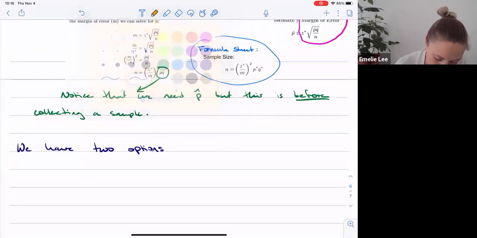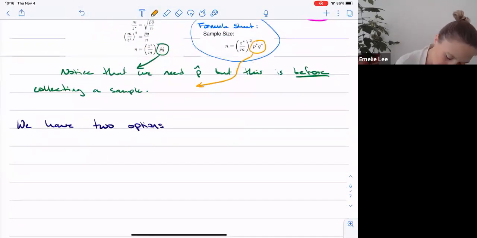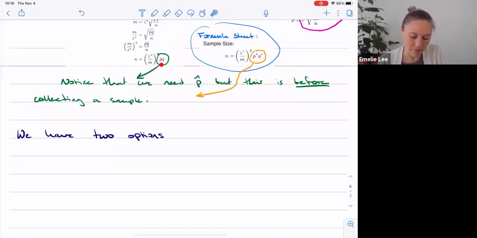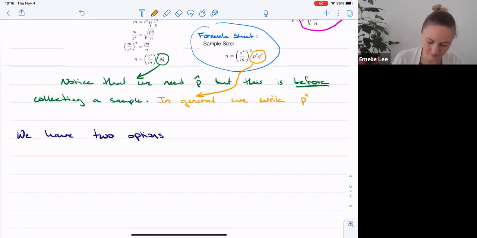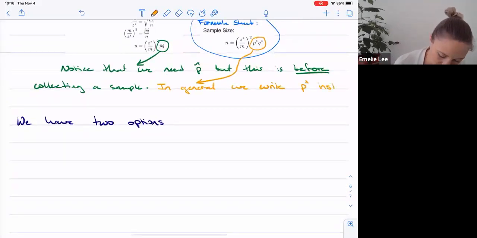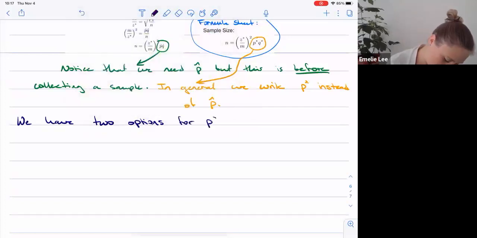What I want to show here is I've replaced the P hat Q hat with P star Q star, and we actually have two options for P star and Q star. In general, we write P star instead of P hat.